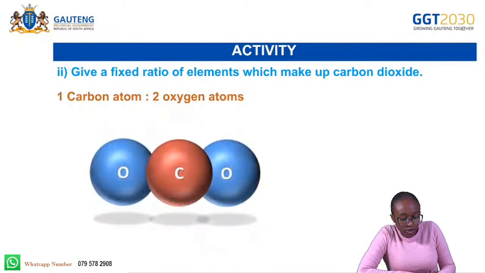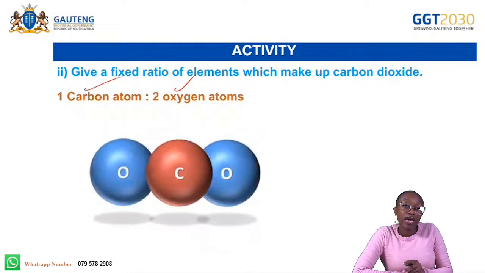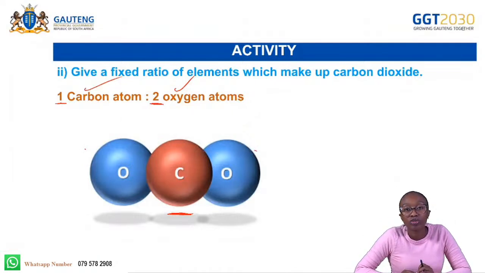Carbon dioxide consists of oxygen and carbon. The fixed ratio of the elements that make up carbon dioxide is 1 carbon atom, which is this one in the middle, to 2 oxygen atoms, where we have one on this side and another one on that side. Take 1 quick minute to copy down the ratio and the model as well.